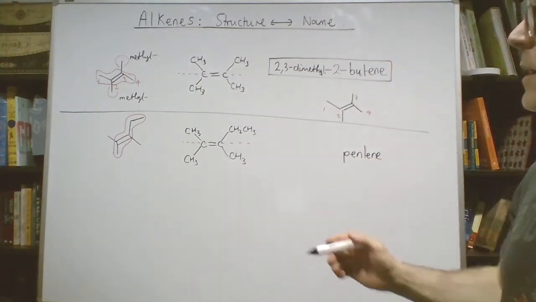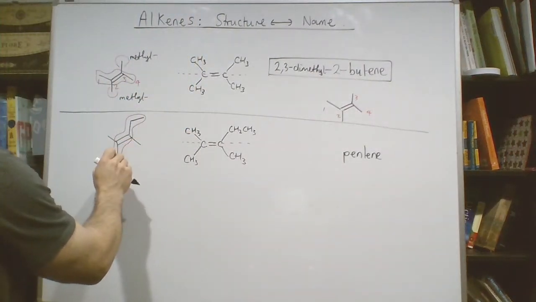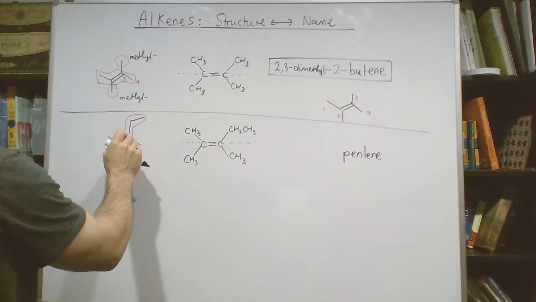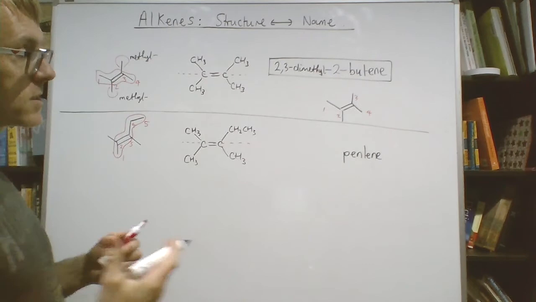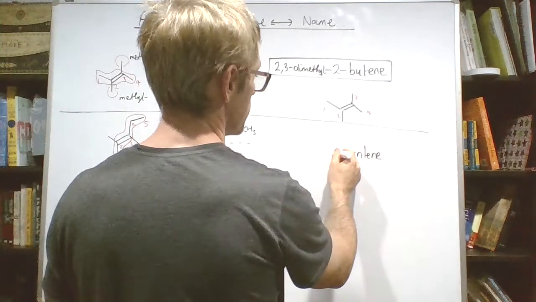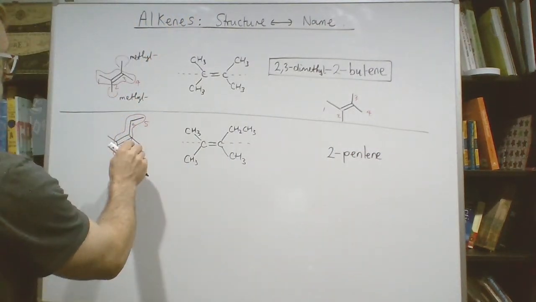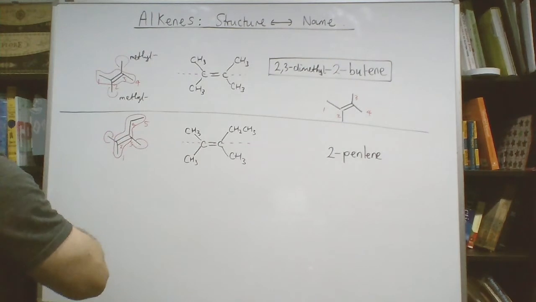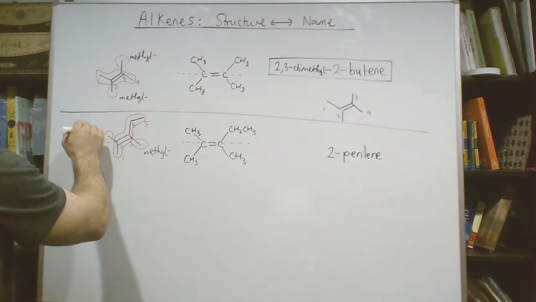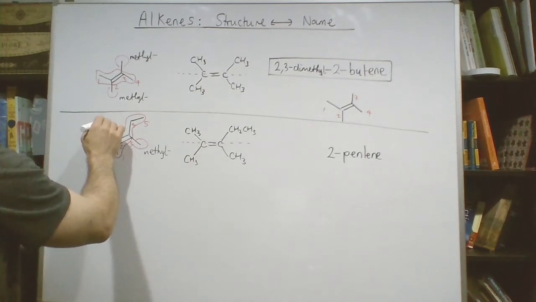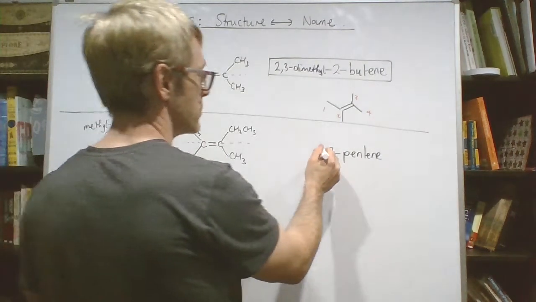The double bond has to have the lowest possible numbers, so it's closer to this bottom end. So 1, 2, 3, 4, 5. It's between carbons 2 and 3, so I just cite the lower number, 2-pentene. I clearly see now I have 2 methyl groups, on carbons 2 and 3, so I have dimethyl.